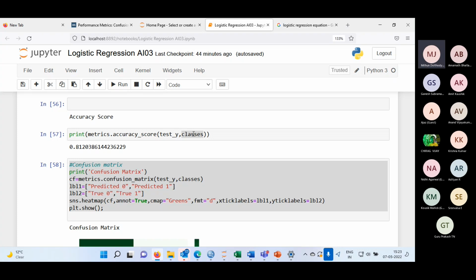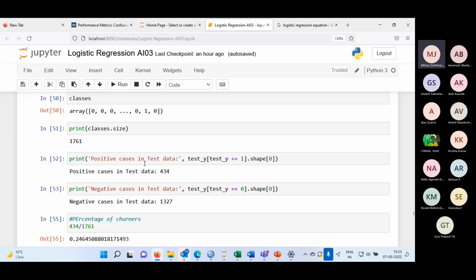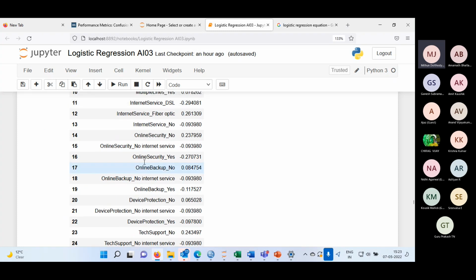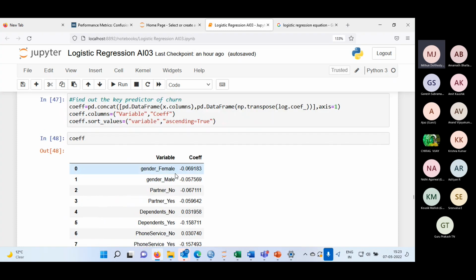If there is an overfitting problem, how do you address it? That is your question. You have to drop a lot of variables which are redundant. For example, in this data set, let me scroll up. Can you see the variables gender underscore female and gender underscore male? This is redundant information. One is sufficient. If you take females, don't take males.